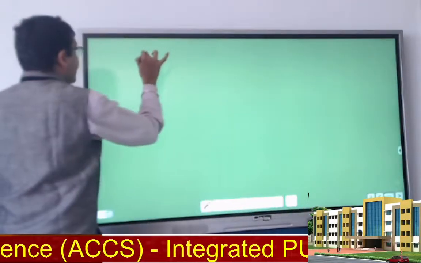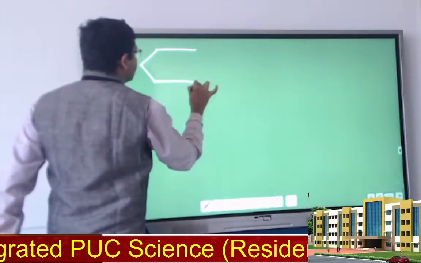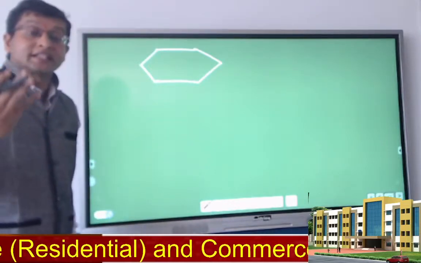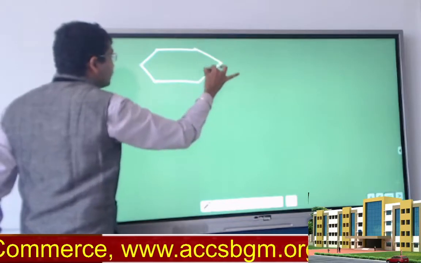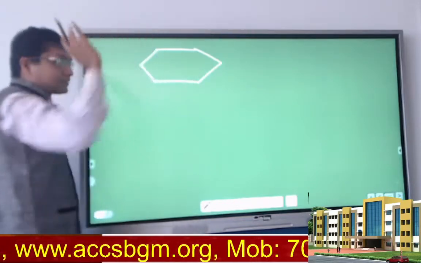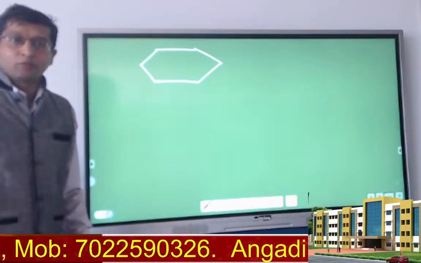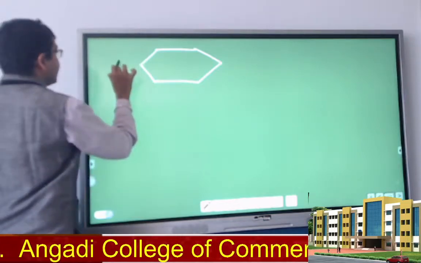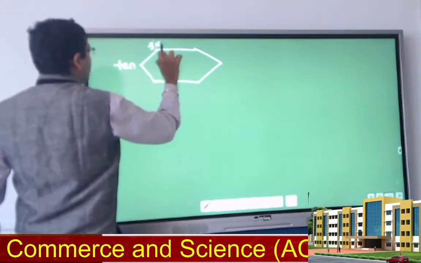For that I am drawing a hexagon. See, you can see here, the name itself suggests it has 6 faces: 1, 2, 3, 4, 5, 6. Then see, I am using once again the basic definition. What is the tan theta definition? Tan theta is sine divided by cos.